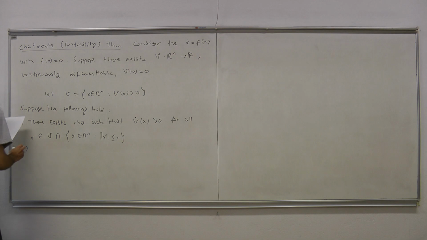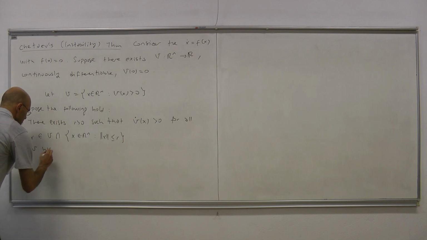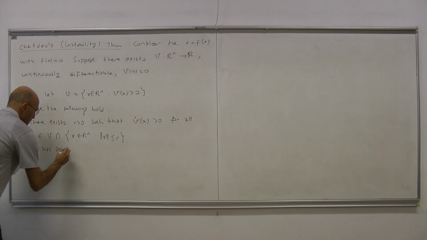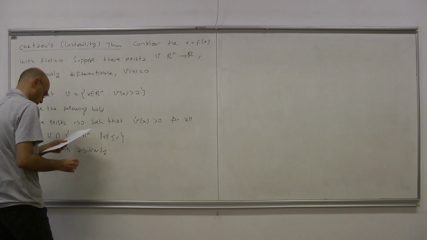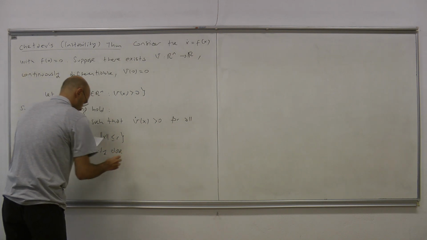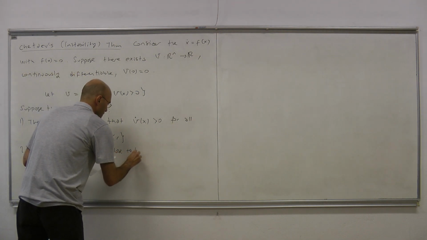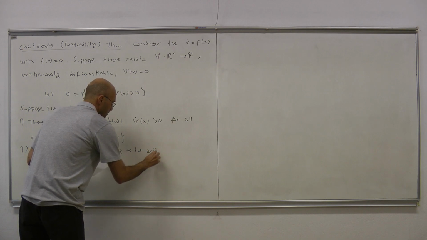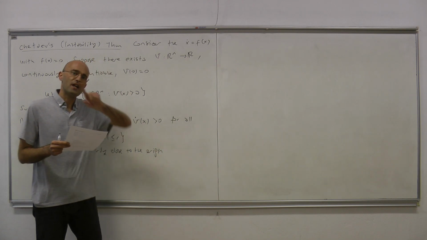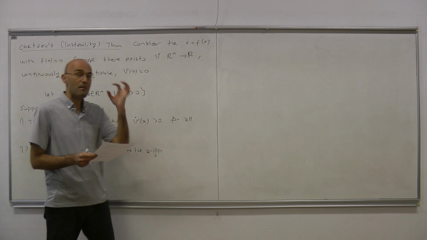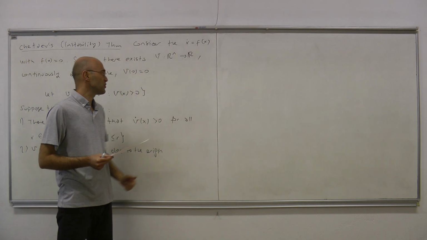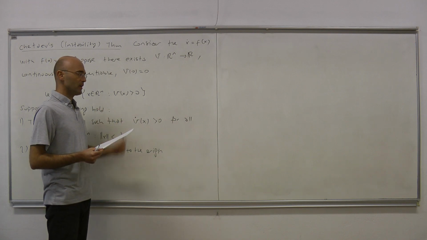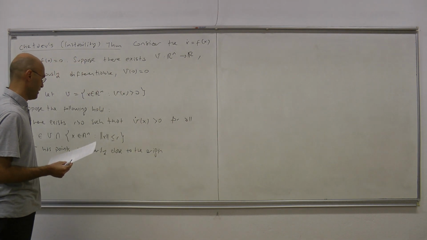Second condition is that U has points arbitrarily close to the origin. Okay, that means you cannot find a ball around the origin such that that ball doesn't touch this set U, no matter how small that ball is.